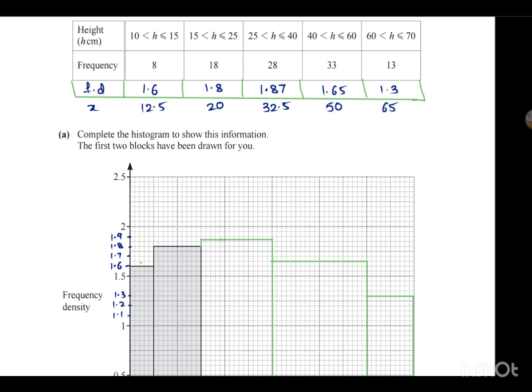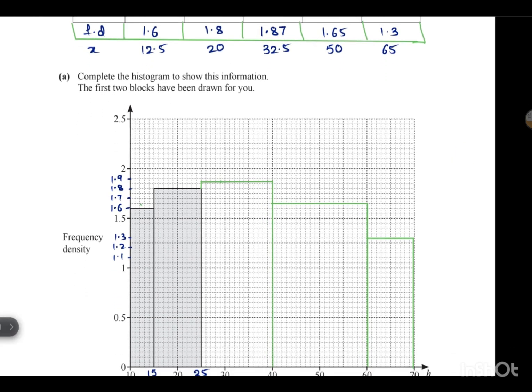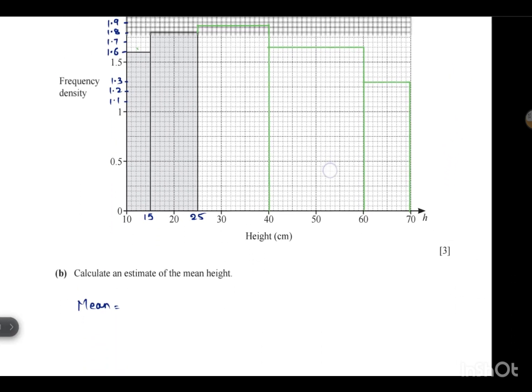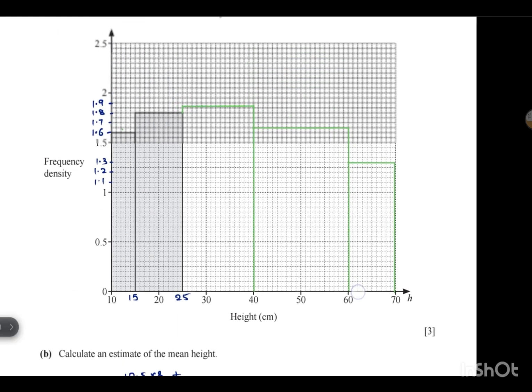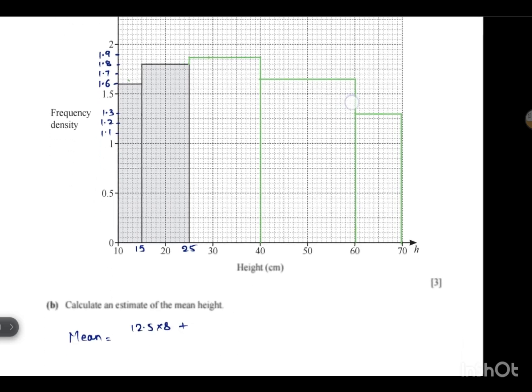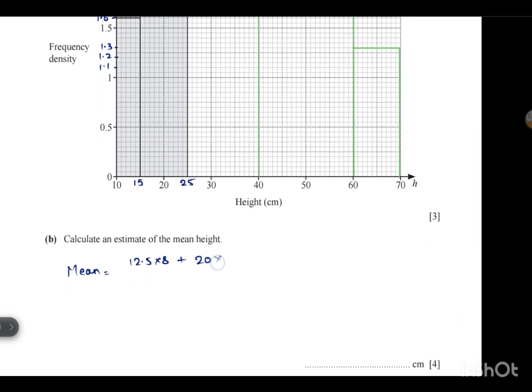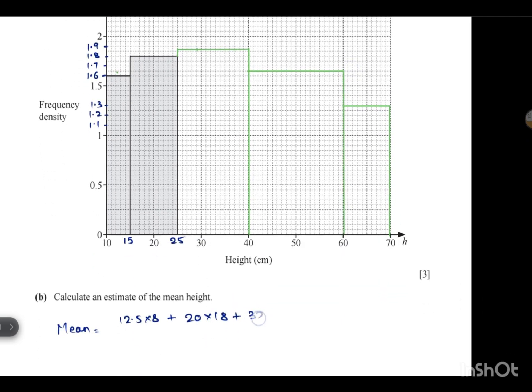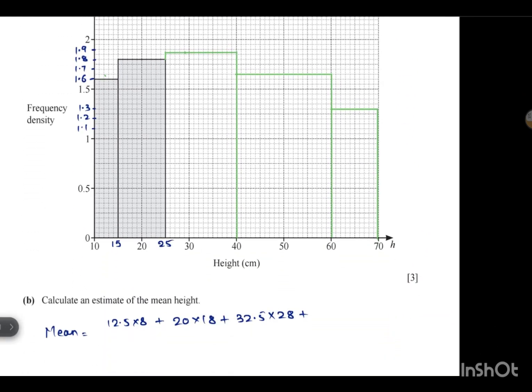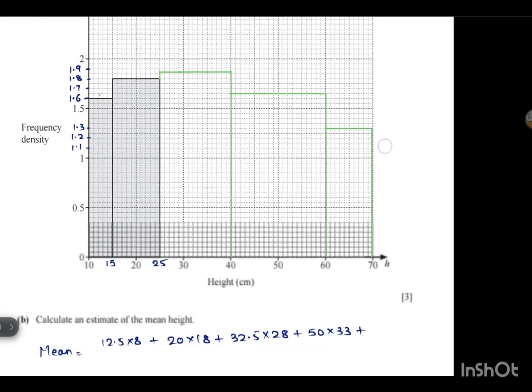Now you will have to multiply the mid values with frequency, add them in the numerator, and in the denominator you will take the total number of plants. 12.5 into 8 plus 20 into 18, plus 32.5 into 28, plus 50 into 33, plus 65 into 13.